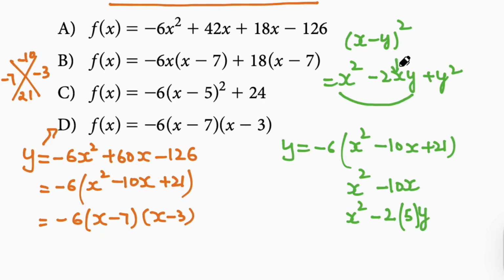So x is here, not y, my bad. This is x, right? So this x is here as it is. y is 5. And you should have y squared here. So that means you will add the square of it and subtract the square of it. This is the first method. And plus 21 is as it is.